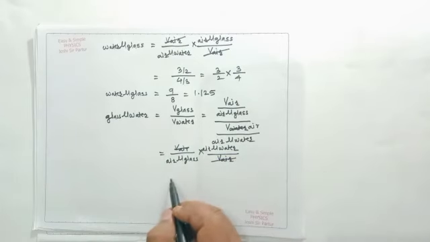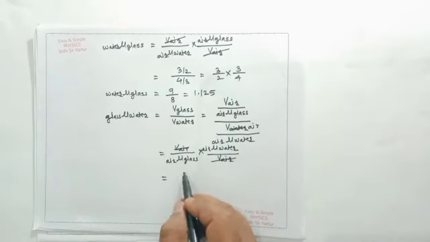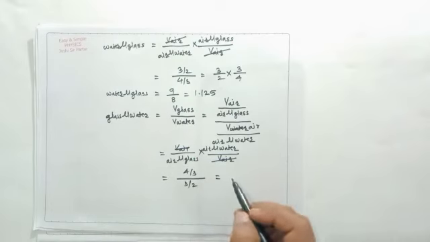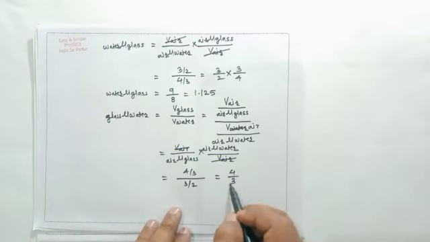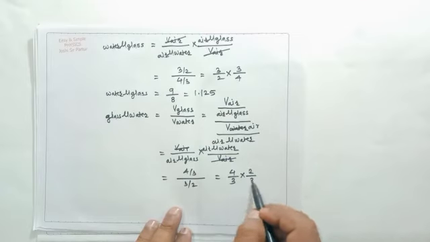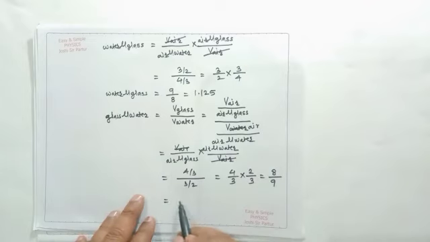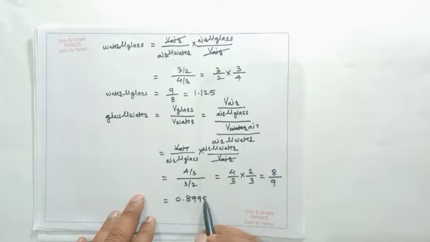So the velocity of light in air gets cancelled. So it will be mu for water, which is 4 upon 3, divided by mu for glass, which is 3 upon 2. So we can write 4 upon 3 multiplied by 2 upon 3, that will be 8 upon 9. Dividing 8 by 9, it becomes 0.8999.